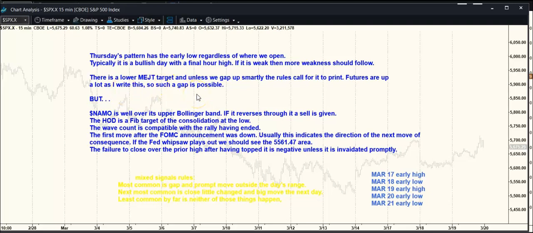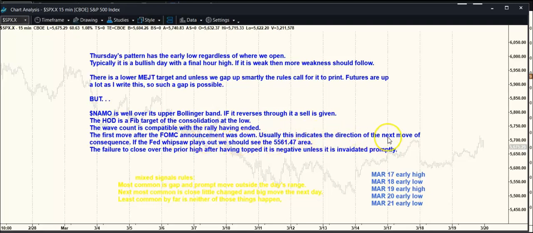But the Nasdaq McClellan oscillator is well over its upper Bollinger Band. That's reversal territory. If it reverses through the band, that's a sell signal. The high of day is a fib target of the consolidation at the low. The wave count's compatible with this leg of the rally having ended. The first move after the FOMC announcement was down.